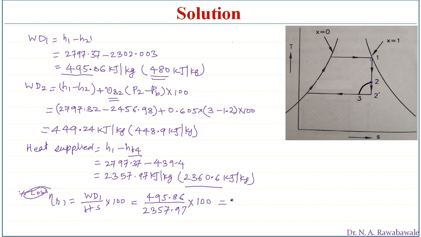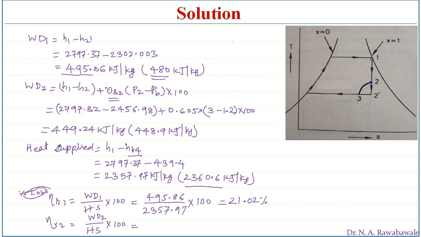Rankine efficiency obtained analytically is 21.02 percent. That is the first Rankine efficiency. Then Rankine efficiency 2 is work done 2 divided by heat supplied into 100.